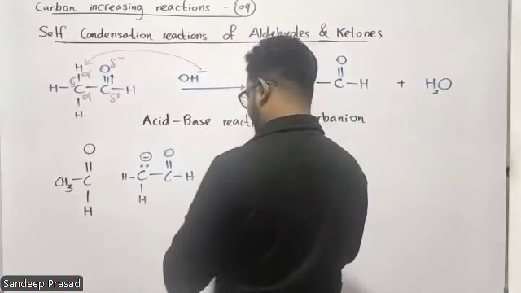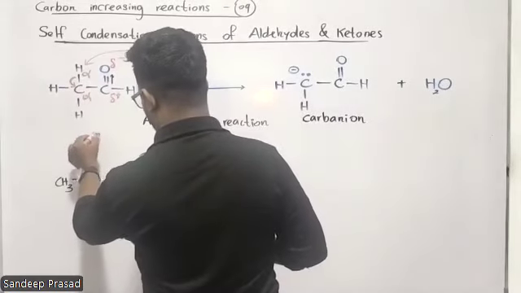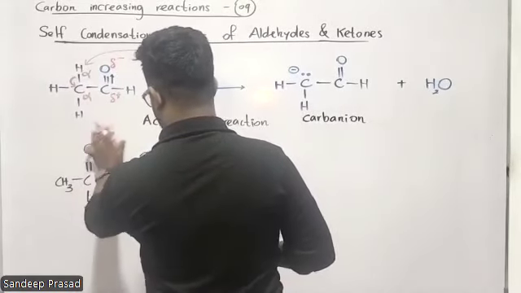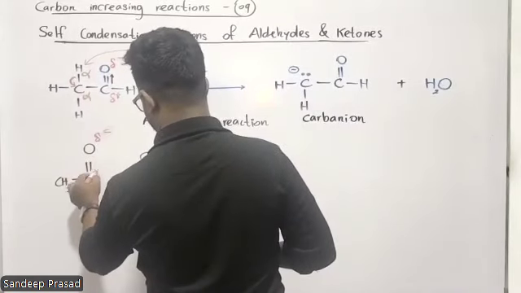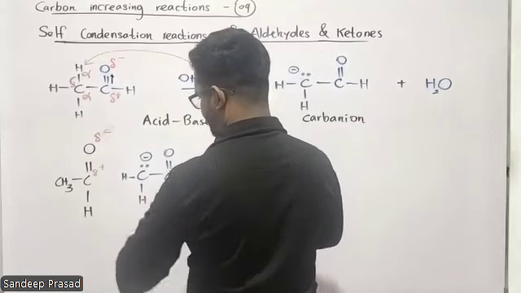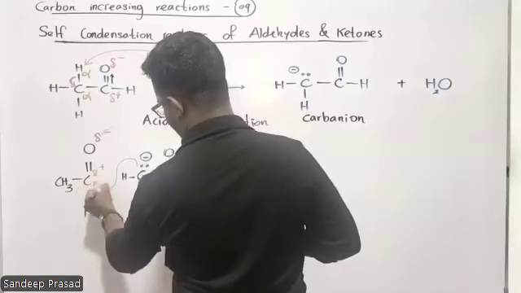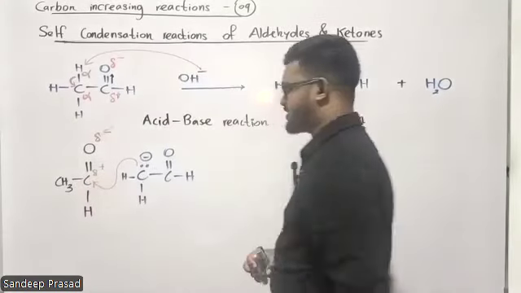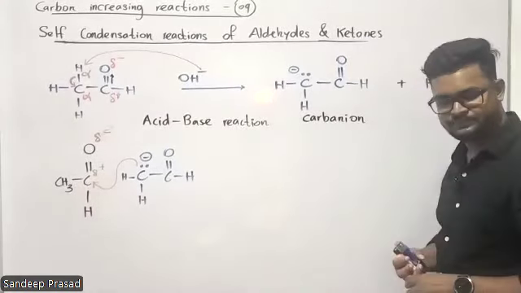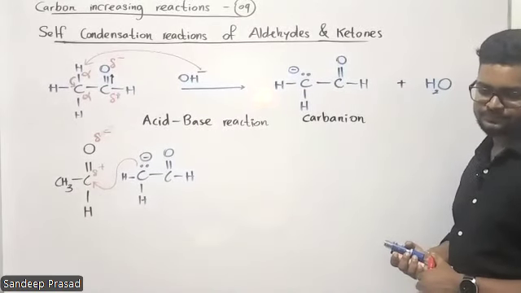We know that this carbon-oxygen bond is polarized, oxygen delta minus and carbon delta plus. So what will happen? This negatively charged carbon atom is connecting to the positively charged carbon atom in the other compound. Try to understand.